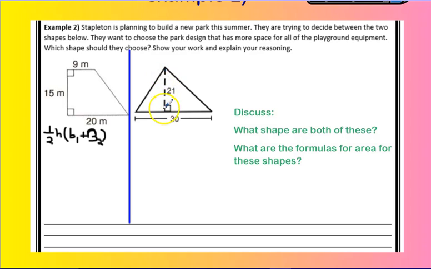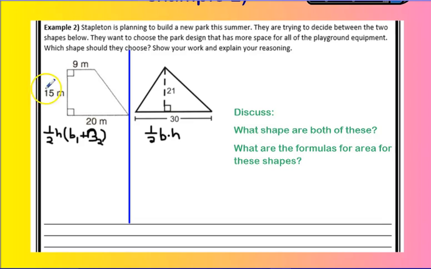We remember that a triangle is half of a sandwich, right? So our triangle is base times height, but we want half of it, right? So 1/2 of base times height. All right, let's go ahead and plug in the numbers that we know so that we can find the area. 1/2 of height.